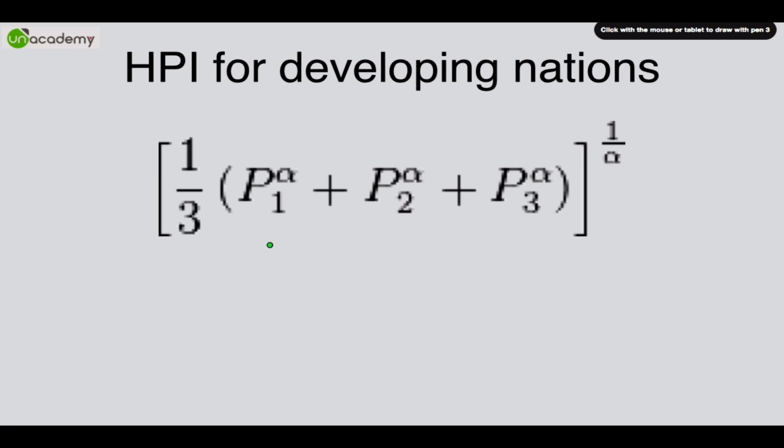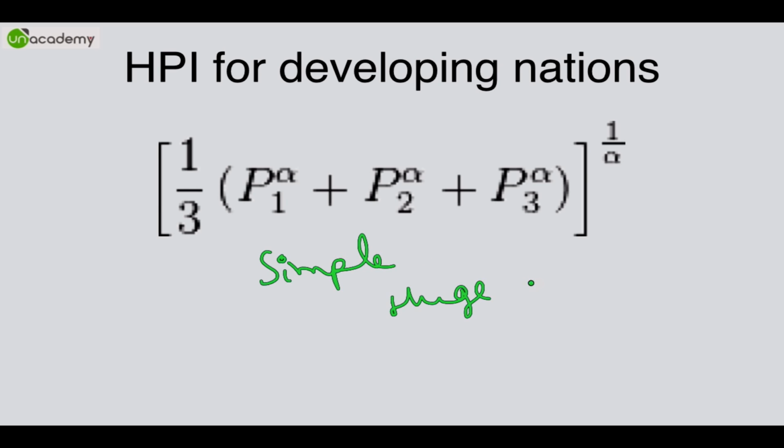If you just calculate a simple average, then even if there is a huge deviation, it will be neutralized because the mean tends to neutralize. But if you cube that deviation, it becomes very big and is then severely penalized. That is the point of HPI's alpha formula, in which you cube and then take the cube root.